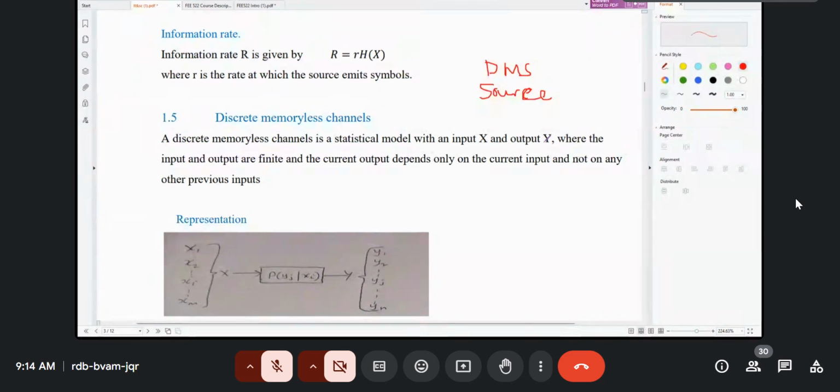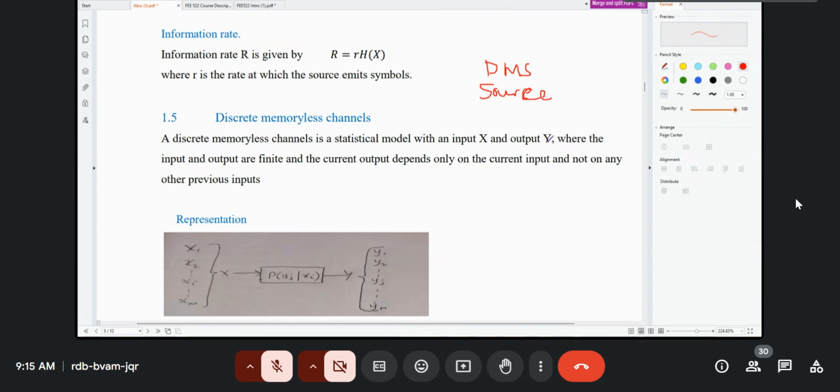In fact, from this we can see that a keyboard emitting our alphabets, I think they're Latin alphabets, is not really a DMS. Because Q depends on what was there before. U will depend on what was there before.